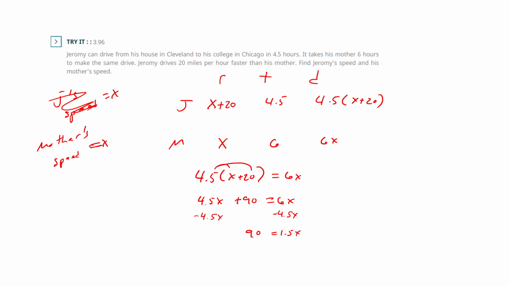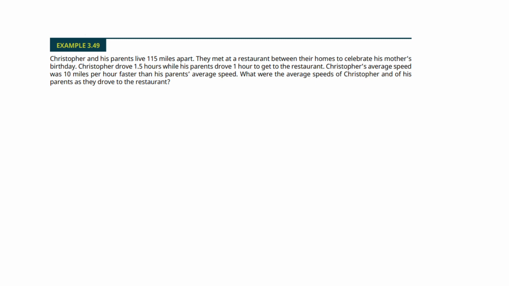And finally, get him alone by dividing both sides by 1.5. So x was his mother's speed, so she's going 60 miles an hour, and she's going 20 more than him, so he must be going 80, and he needs to slow down.